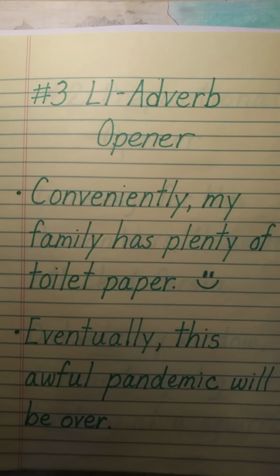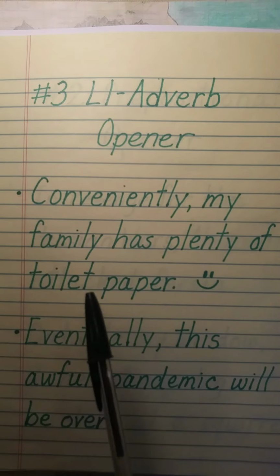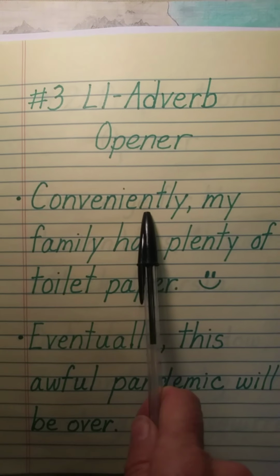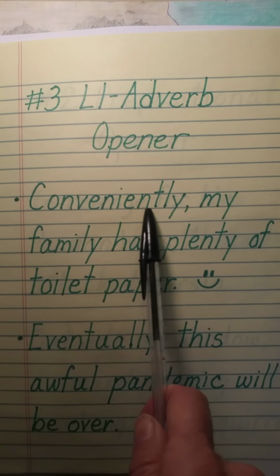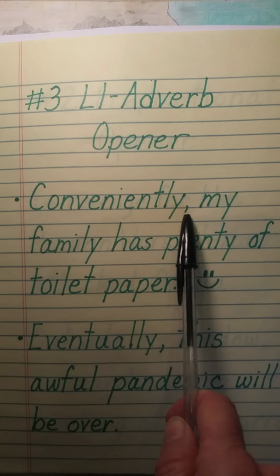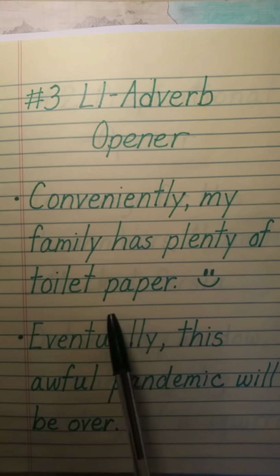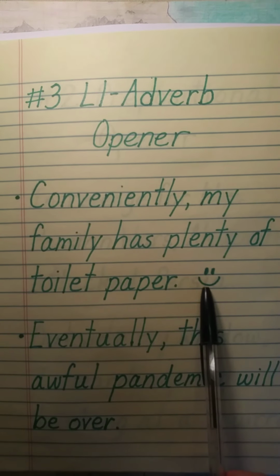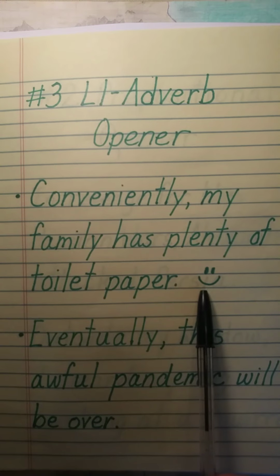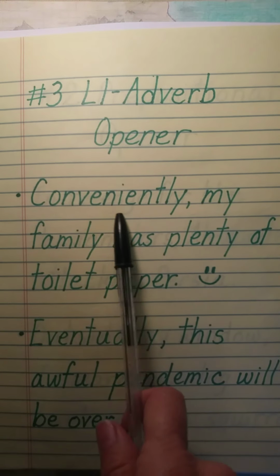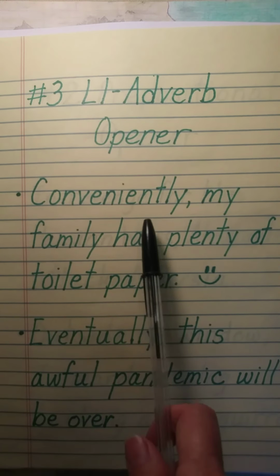All right, let's review the ly adverb opener, because you are going to be putting one of these into your paragraph. Remember, it just is a word at the beginning of the sentence that's an ly adverb that is followed by a comma. Conveniently, my family has plenty of toilet paper. Okay, make sure you put your comma after your ly adverb opener.